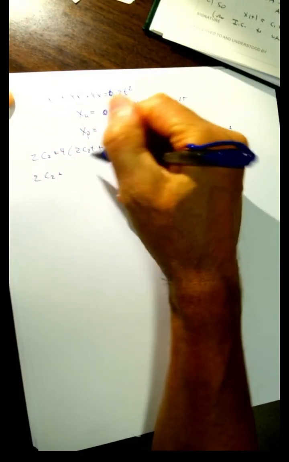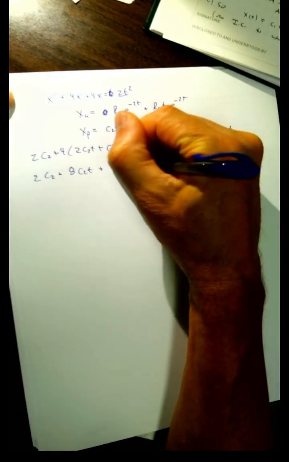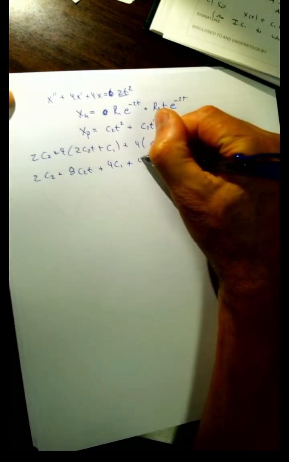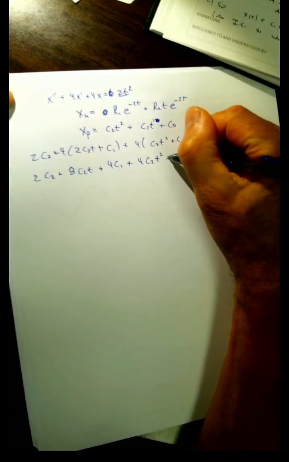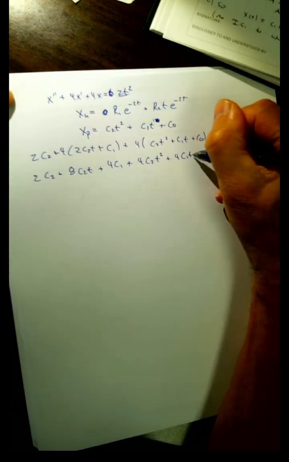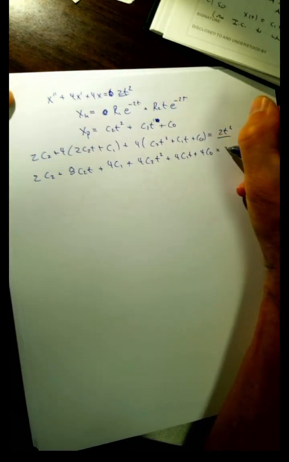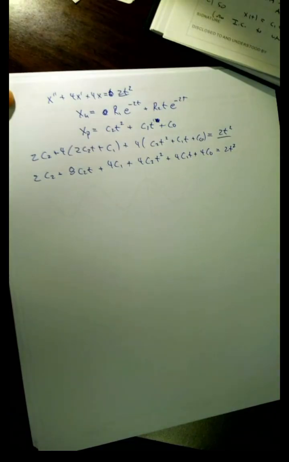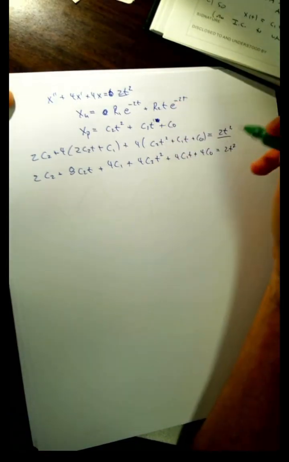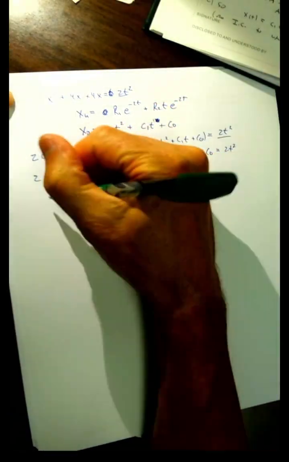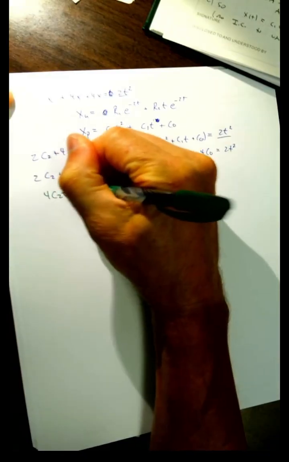I expand everything out, so I multiply the 4 through. 4 times 2 is 8, then 4 times c1, plus 4 times c2t squared plus 4c1t plus 4c0 is 2t squared. So I'm going to collect terms. Notice I only have the one t squared term.